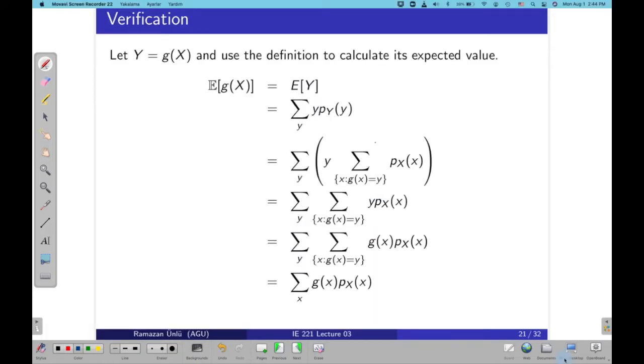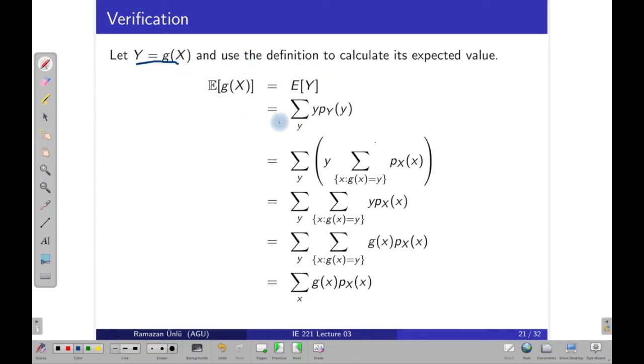Now we can verify that equality. To do this, let's say y is equal to g of x, and we can use the definition to calculate its expected value, right? So the expected value of g of x is equal to the expected value of y, because g of x is equal to y. From the definition, this is a random variable, and that means we can calculate the expected value, or weighted average, by using the definition.